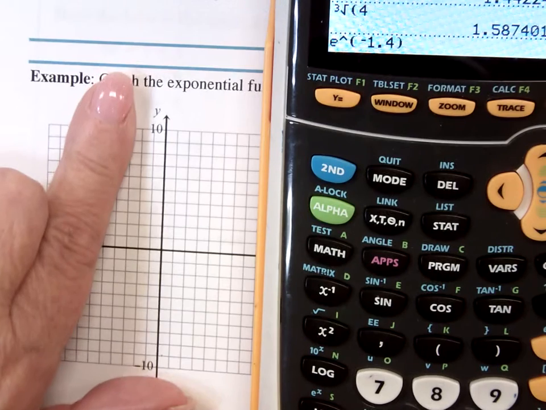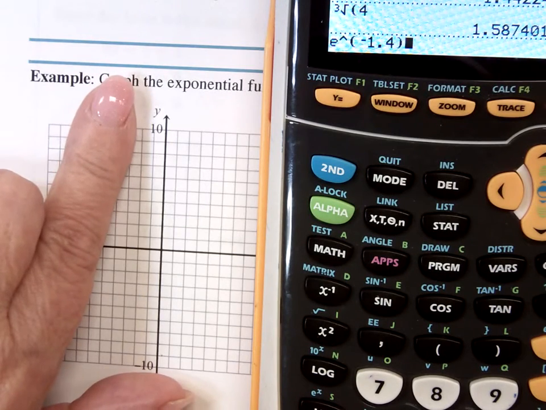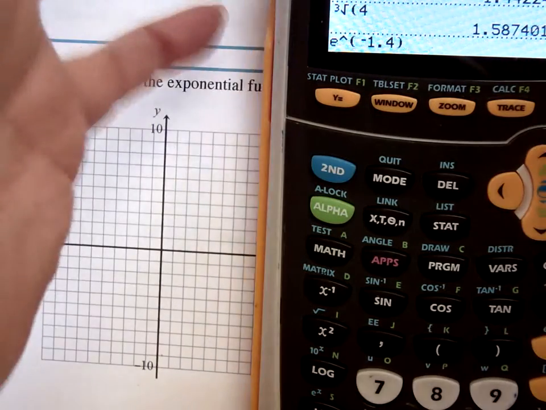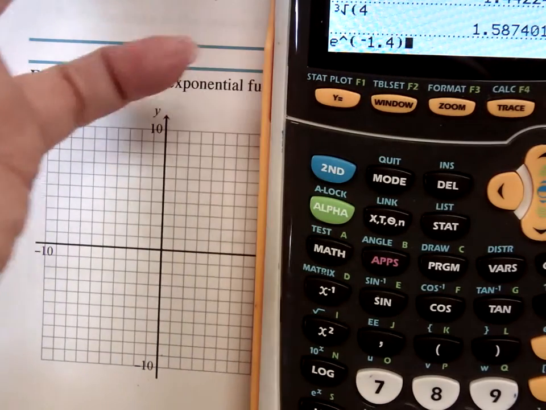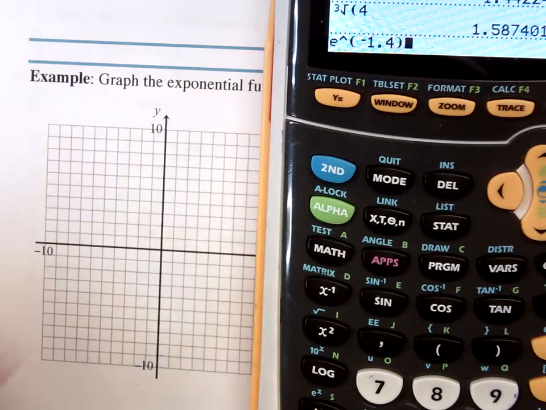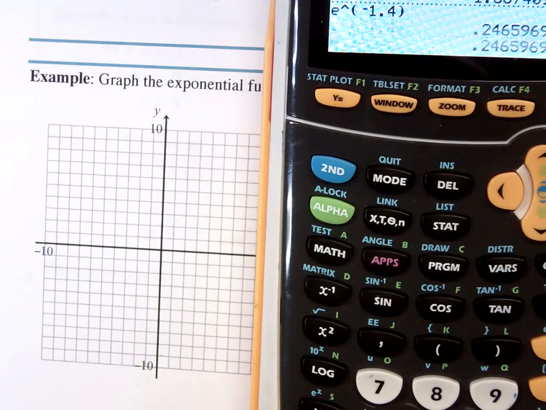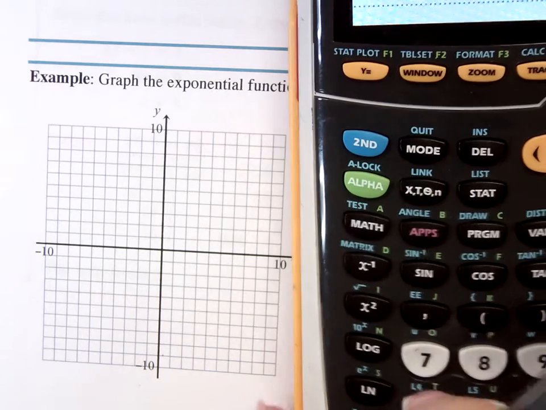Now, I have it in classic mode. Some of you have it in math print. Math print's fine, but I screw up all the time because I can't really see this when it's projecting up there, so I tend to get things in the wrong place when I'm typing. And then, of course, enter, and they say to 6 decimal places.